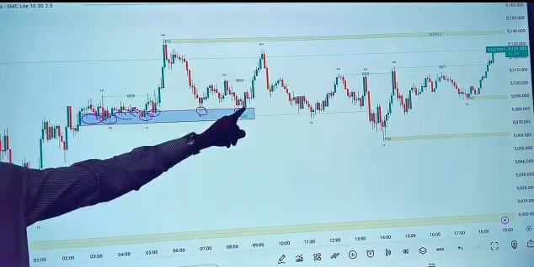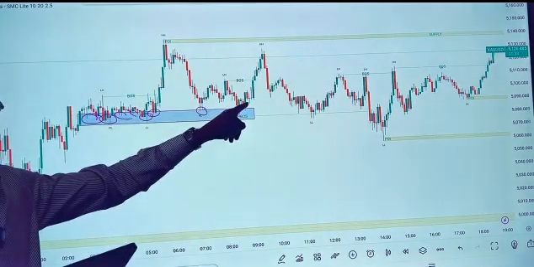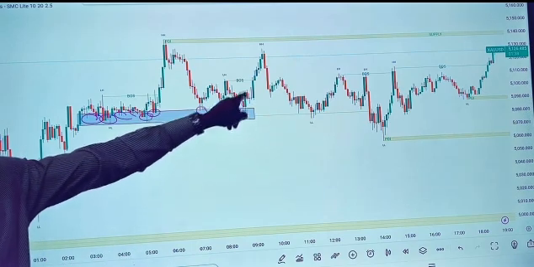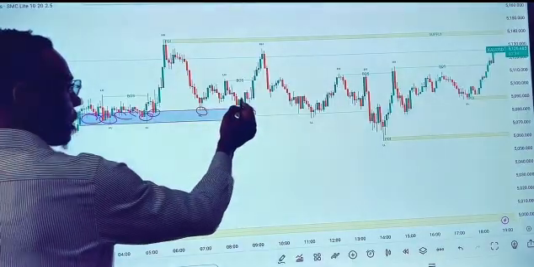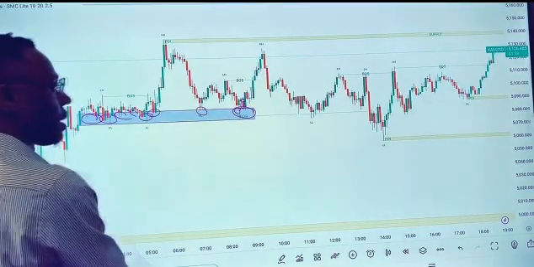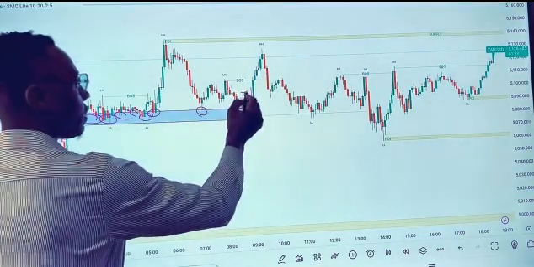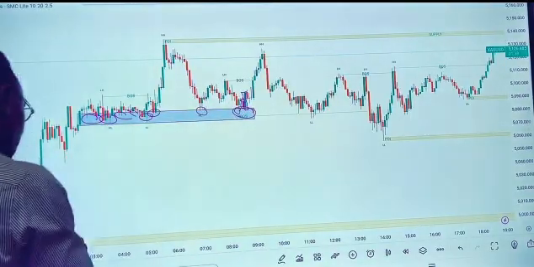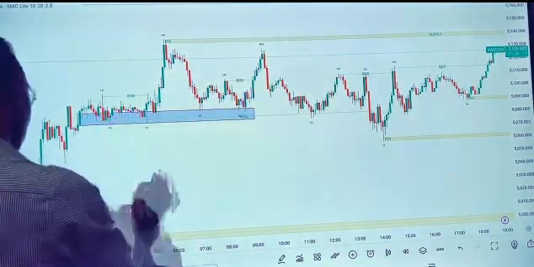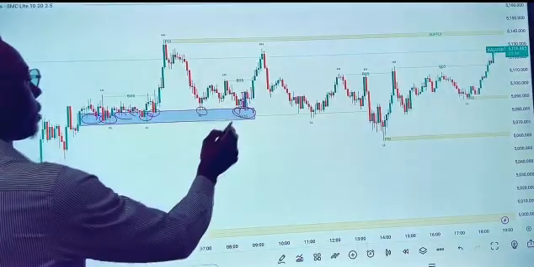So check the last one. You can see what kind of candlestick formation this is. We have this bearish candle right here, which is the red one, and this bullish candle right here, which is the green one. Look at how the bullish is engulfing the bearish.